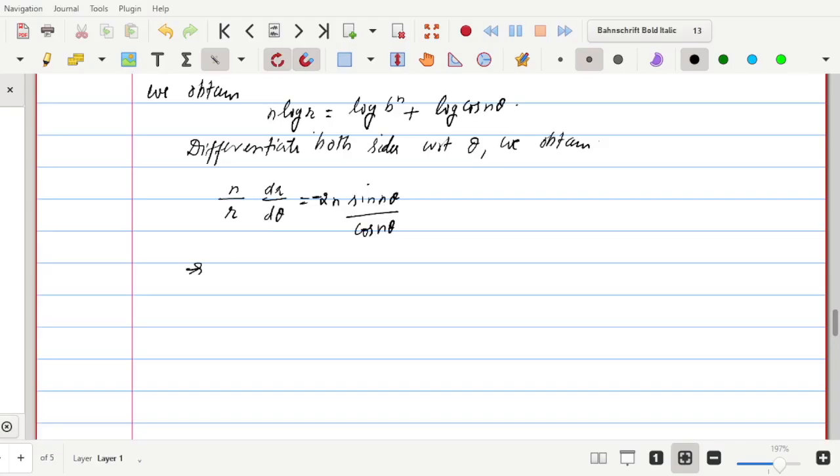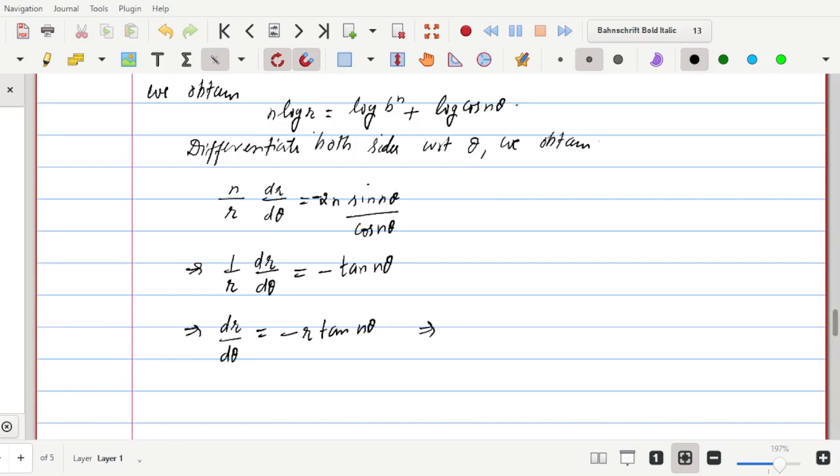Now cancelling n on both sides, this implies 1 divided by r dr by d theta is equal to minus sin by cos, which is equal to minus tan n theta. So this implies dr by d theta is equal to minus r tan n theta.